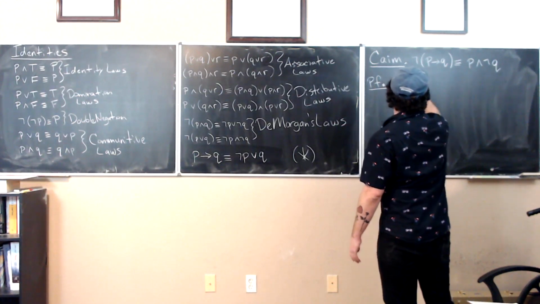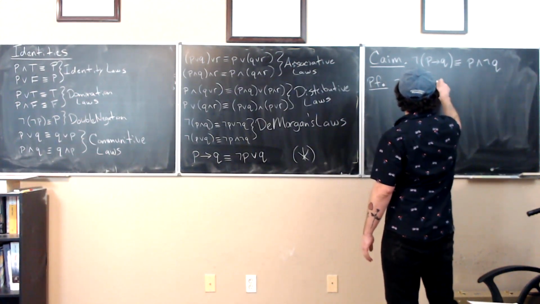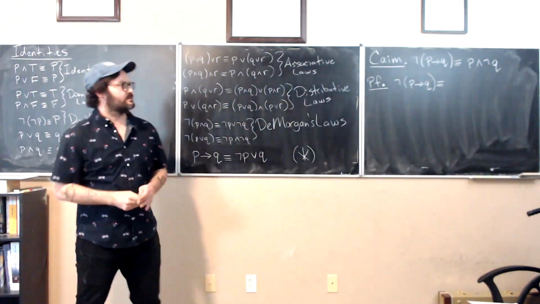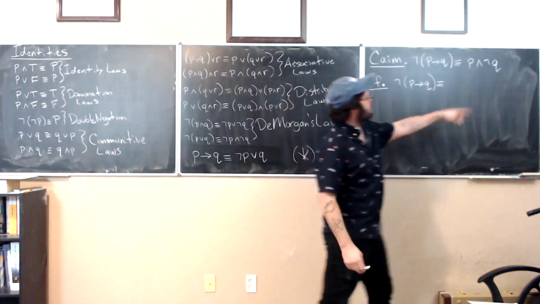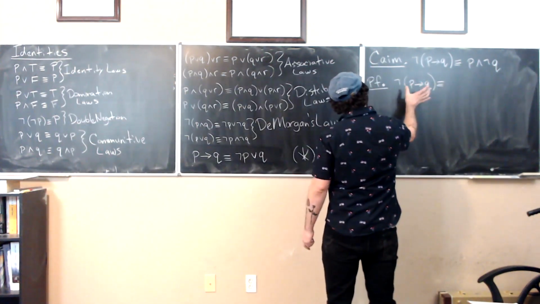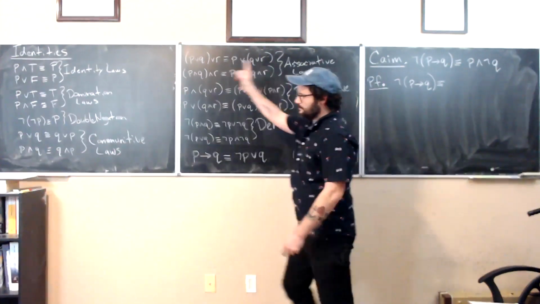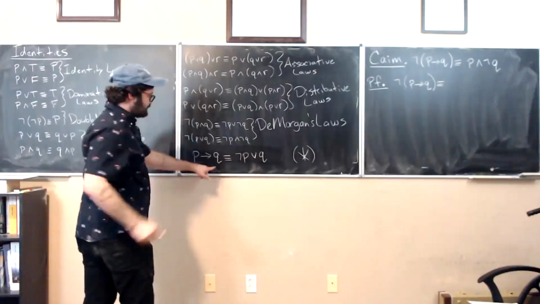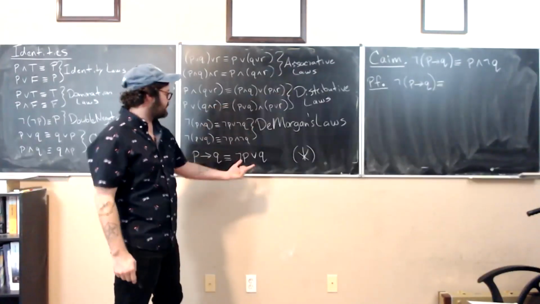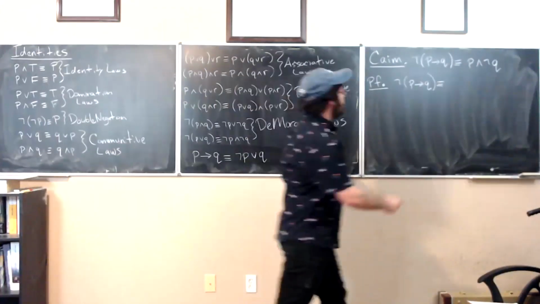I'm going to start on the left-hand side, and I'm going to string together a sequence of logical equivalences until I get to the right-hand side. So looking at this statement here, the only law that I've written on the board that we can use is star. We can convert the conditional inside those parentheses into this disjunction. So let's go ahead and do this.